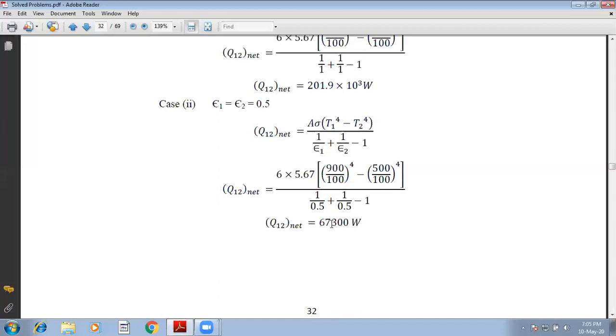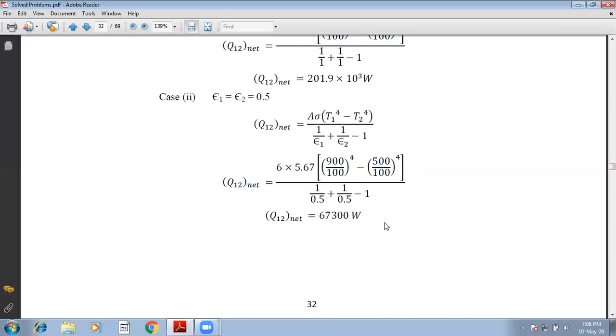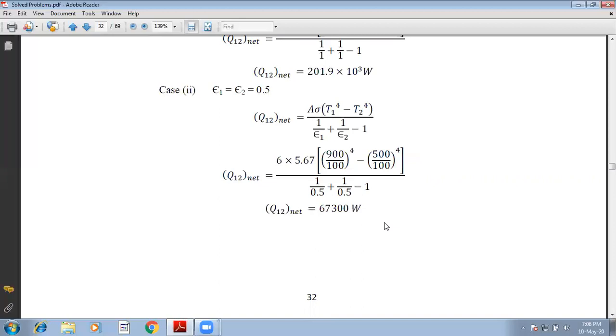So this again supports the statement that black bodies are good absorbers as well as good emitters. If you see the value, it is almost 1/3 of the value compared to a black body.